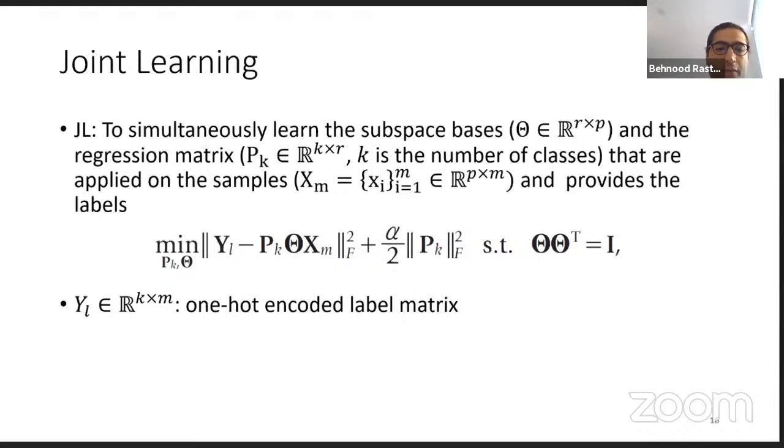Basically, there's a fidelity term, where YL is the label matrix, and then we hold the orthogonality constraint on the subspace basis, and also use a penalty term, a norm penalty term, on the regression matrix.